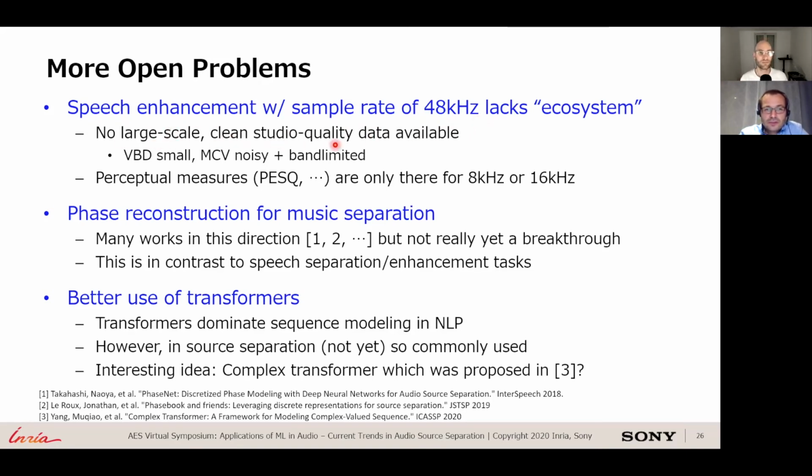There's no large-scale dataset available that we can use. The VoiceBank-DEMAND corpus is very small, and the Mozilla Common Voice dataset is noisy and also band limited. And not only is the data missing, but also the perceptual measures like PESQ are only there for 8 kilohertz or 16 kilohertz. So that's also missing when we want to go for really studio quality speech enhancement systems.